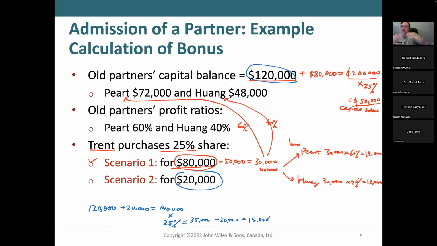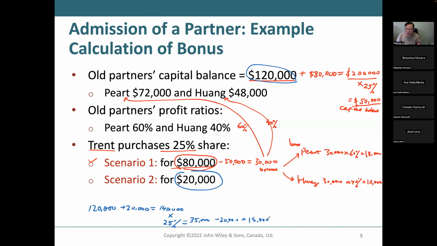So the bonus doesn't always have to go from the new partner to the old partner. It could also go from the old partner to the new partner, depending on who has the power. If the partnership is very valuable and promising, most likely the new partner will pay a bonus to the old partner.